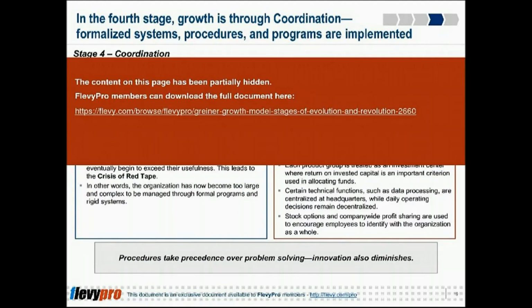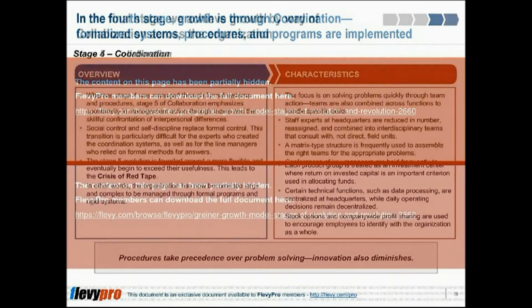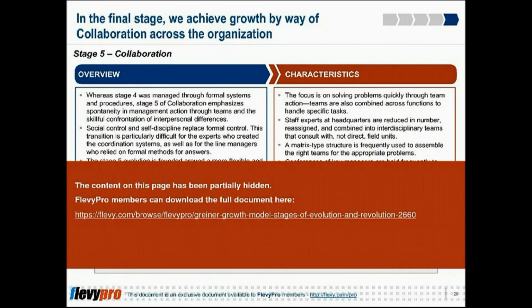Instead, those that survive a crisis usually enjoy 4 to 8 years of continuous growth without a major economic setback or severe internal disruption. As a company progresses through its stages of growth, each evolutionary period creates its own revolution.